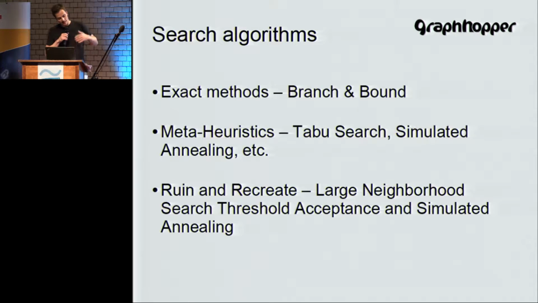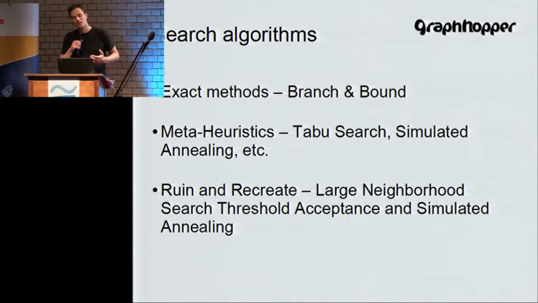But as the problem size grows, also these options are not tractable anymore, and therefore they developed heuristics that have proved to find very good solutions within short time. And the most prominent heuristics in this field are, for example, taboo search and simulated annealing, and various algorithms that are inspired also by biology, by nature.